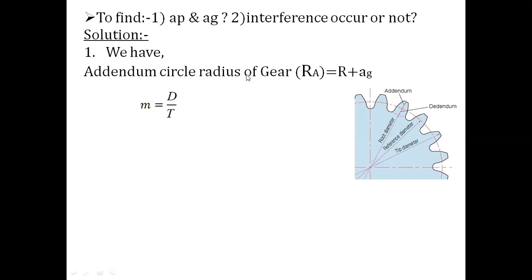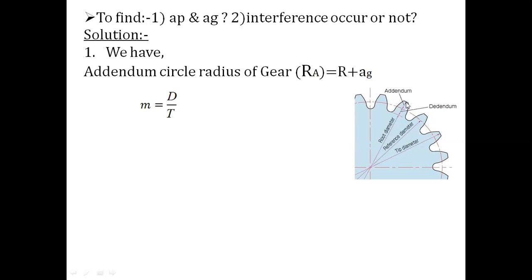Addendum circle radius of gear, that is capital RA for gear. So we are using capital R. What is the addendum circle? Addendum circle is this outermost circle on the teeth. Already we have discussed that, if you remember. And the value of capital RA, addendum circle radius, is teeth circle radius capital R plus addendum for gear.